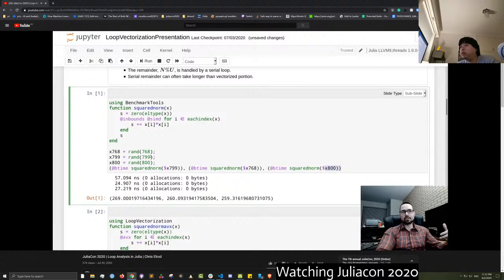So this remaining 31 on top of 768 takes longer than it does to do the 768, which is, of course, less than ideal.